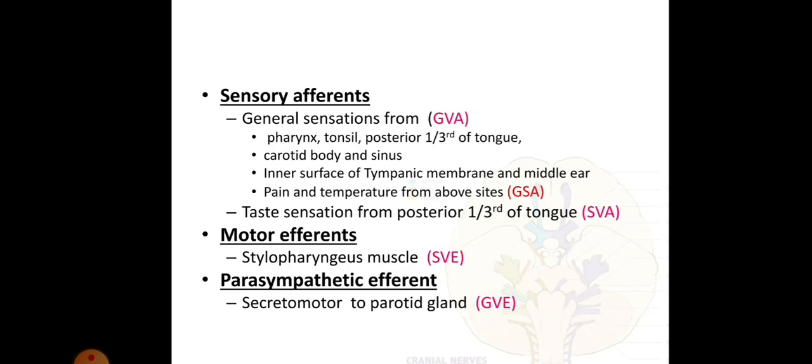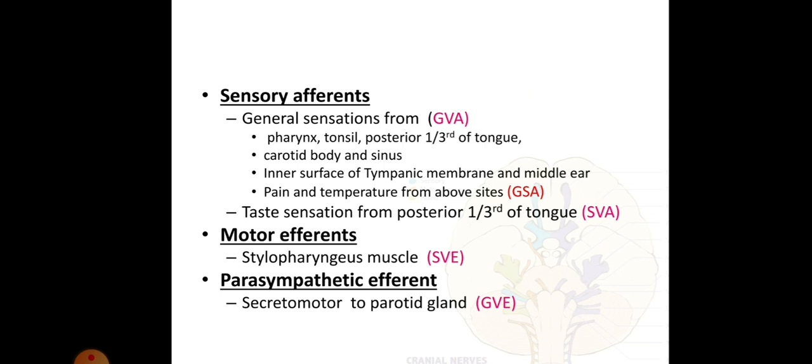So to summarize, the ninth cranial nerve has sensory afferent fibers which carry general sensation from the pharynx, tonsil, posterior one third of the tongue, carotid body, sinus, then inner surface of the tympanic membrane and middle ear, which comes under GVA. Then pain and temperature sensation from the above sites, which comes under GSA to the spinal nucleus.